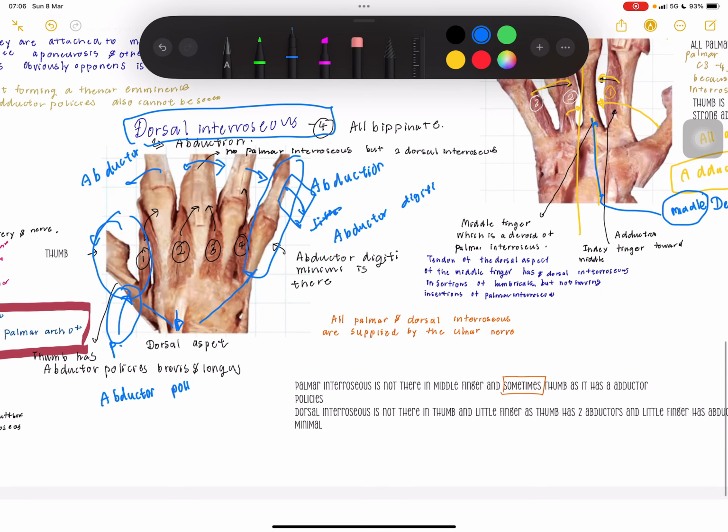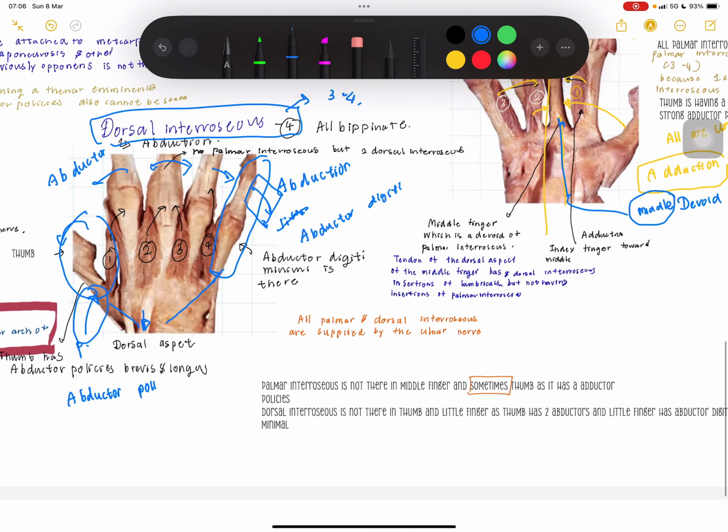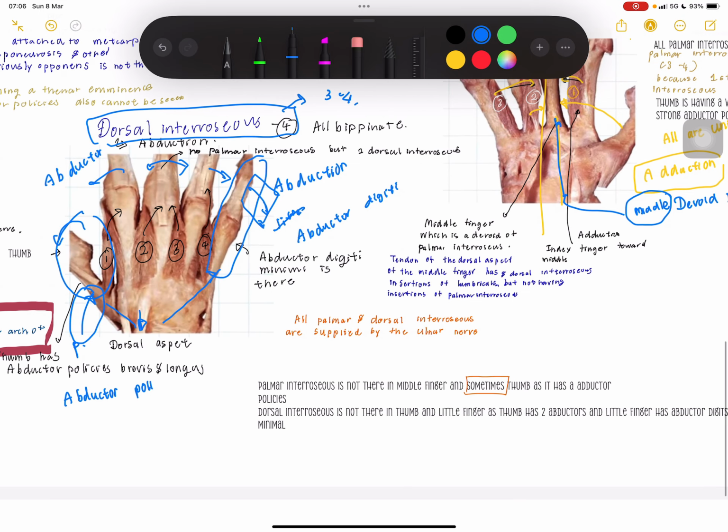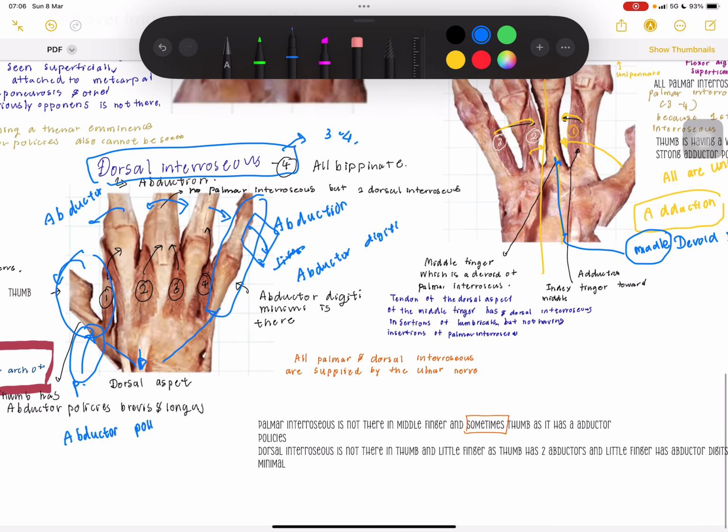But dorsal interosseous, it can be 3 or 4. So sometimes this little finger may have interosseous. So the thing that is happening is these are all bipennate.